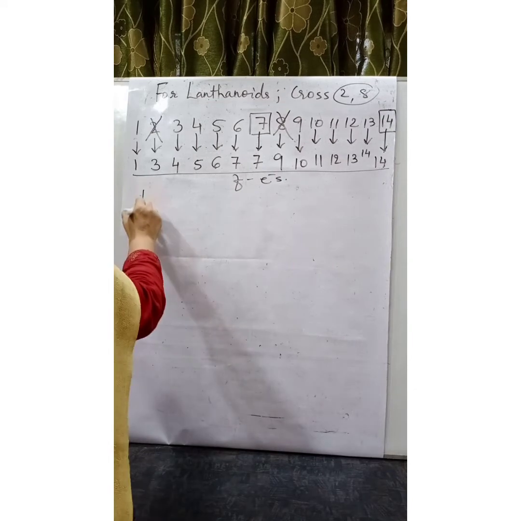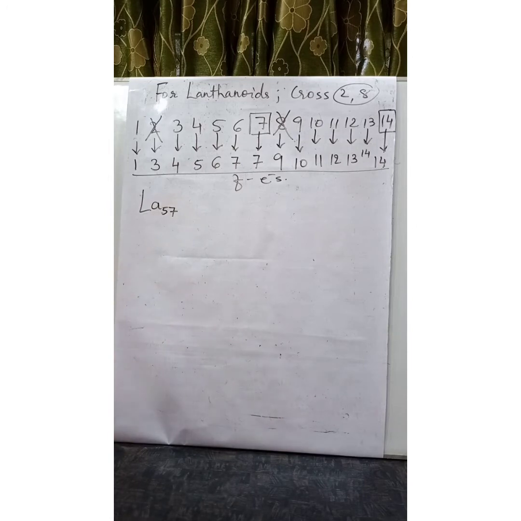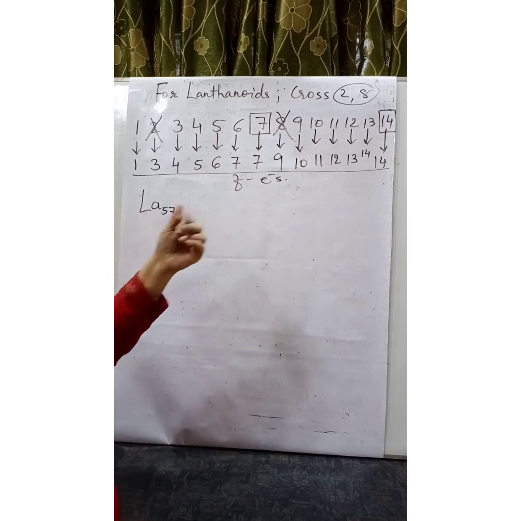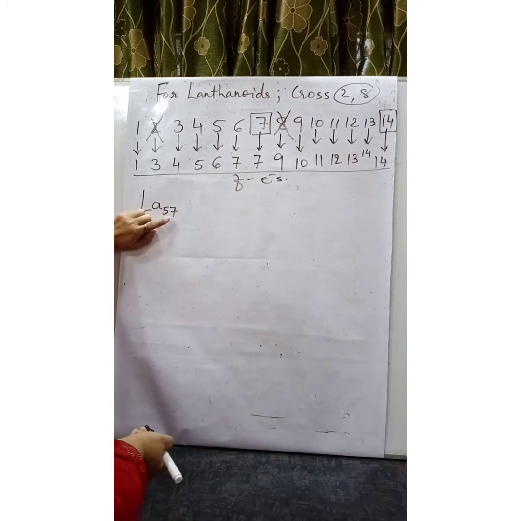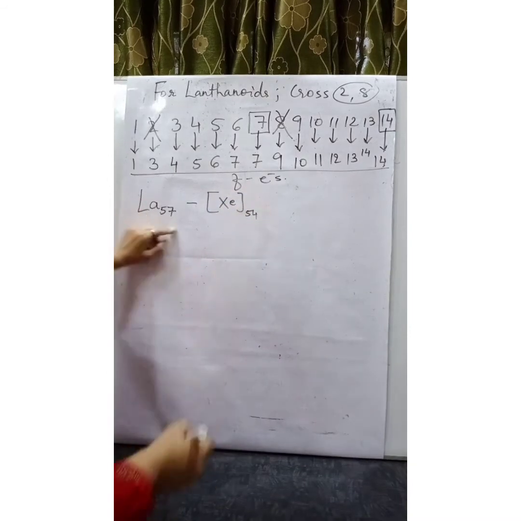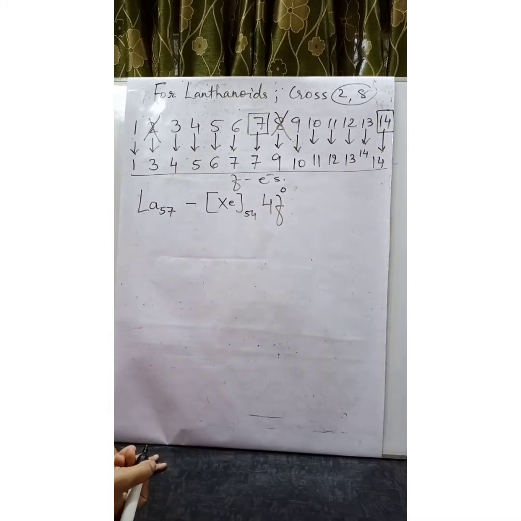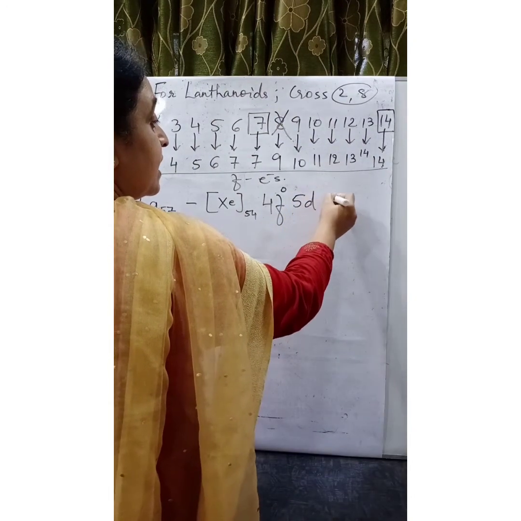Now the first element of the f block starts from lanthanum, atomic number 57. Lanthanum is not considered a member of the f block because the 4f orbital is completely empty. Think of the noble gas close to lanthanum. It is xenon. So we put down xenon, 4f0, since lanthanum has no electron in 4f, then 5d, 6s.